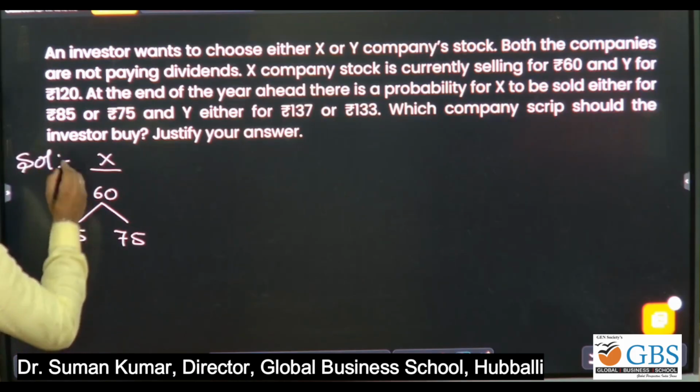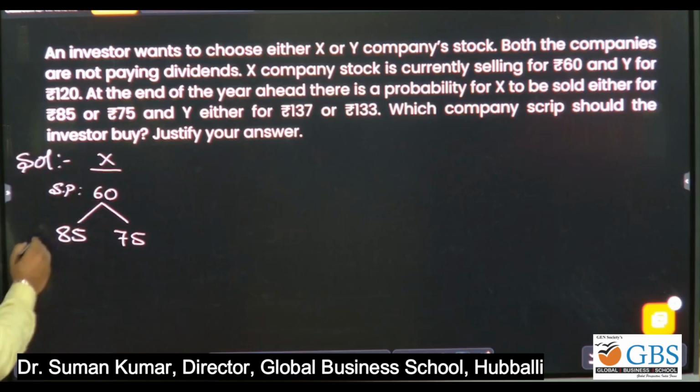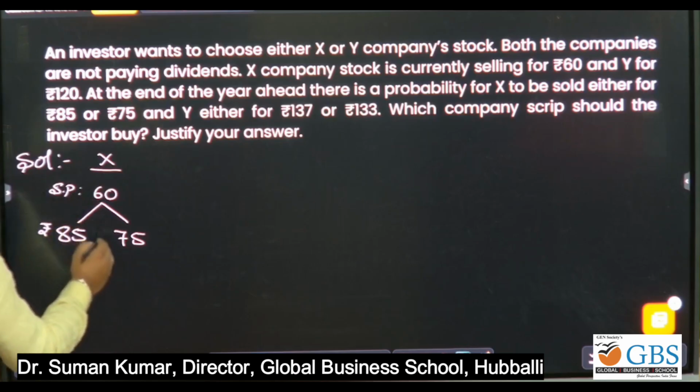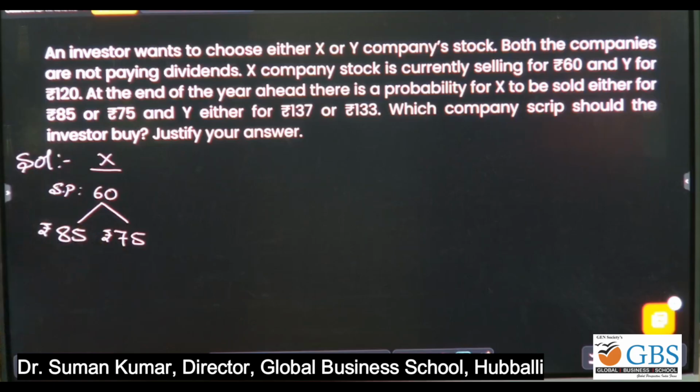Present selling price is 60. It may sell at 85 or 75. Y is also given. So what is the job of that investor? Choose between X and Y.